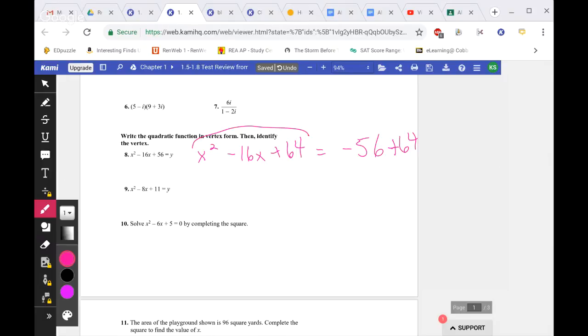Now we've created on the left side a perfect square trinomial, which factors down to, remember when we halved it, squared it, added it, that half was negative 8. And so 64 minus 56 is 8. Is that right? Is my math right? Please help me.